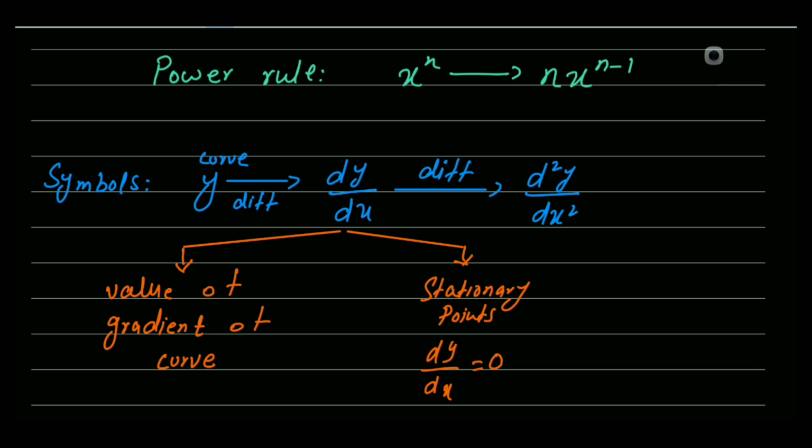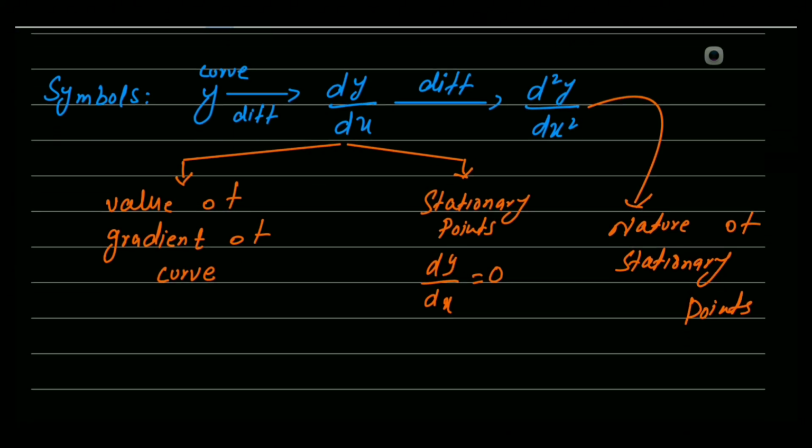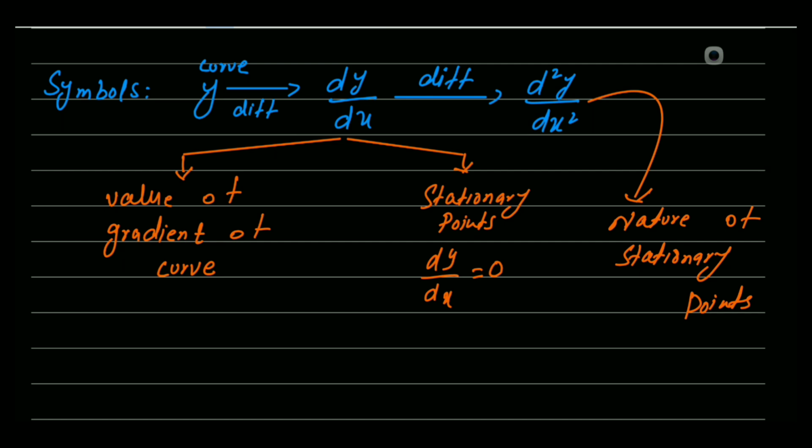And the second derivative will tell the nature of stationary points. So dy over dx will tell the value of the gradient of the curve, and to find stationary points we put dy over dx equal to 0, and the second derivative tells the nature of stationary points. So these are the key points that we have to remember.